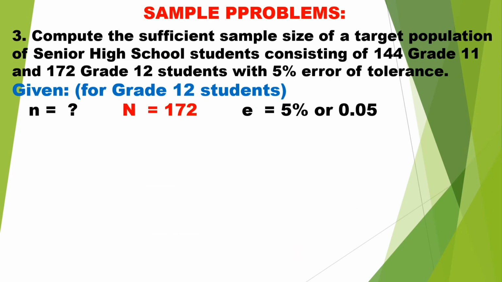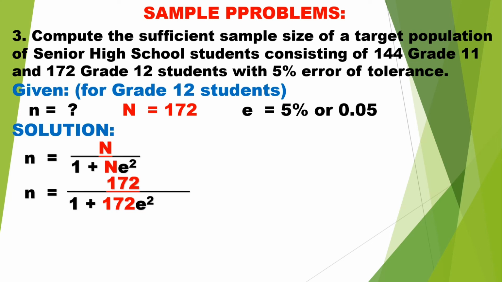And now, let us also proceed to determine the sample size for grade 12 students. First, as usual, substitute 172 to uppercase N in both the numerator and denominator of the formula and 0.05 to lowercase e of the formula.